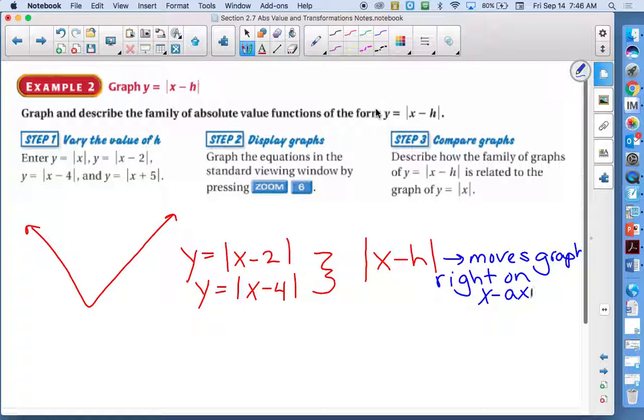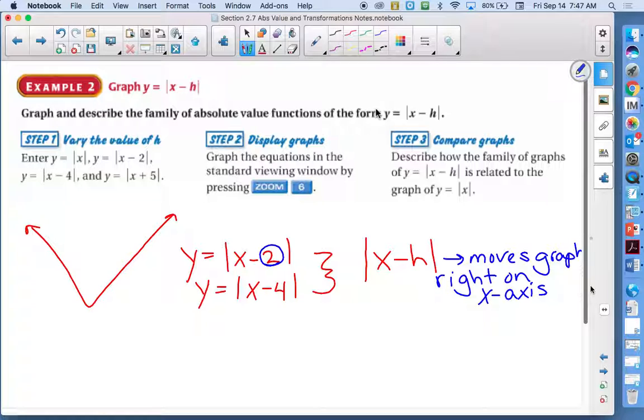Which is kind of weird. But that's because it's inside these absolute value bars, and we need to actually do the opposite of what it's telling you to do. So even though it has a minus 2 there, you're really just looking at that 2. The minus is part of the equation. That's part of the formula for this graph. It's the 2 that we're really focusing on.